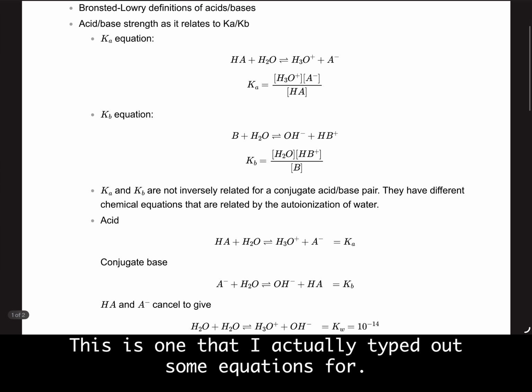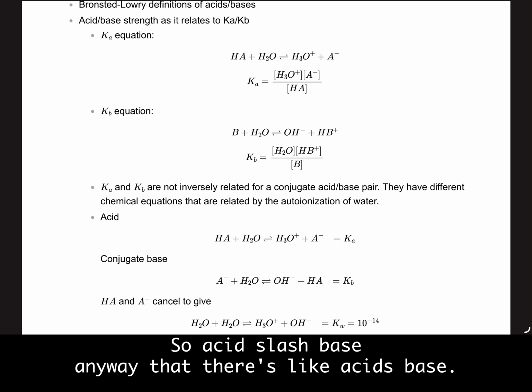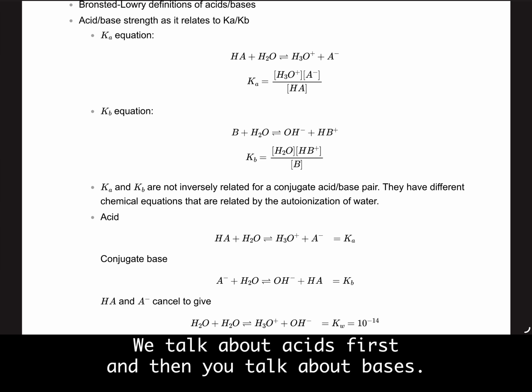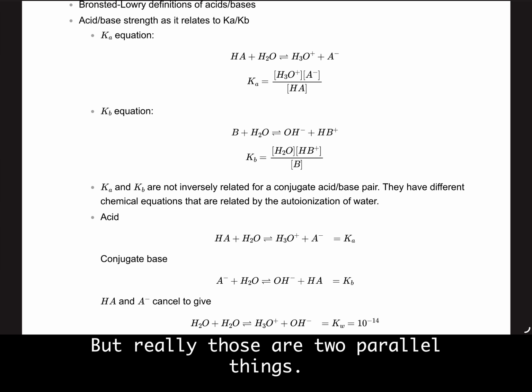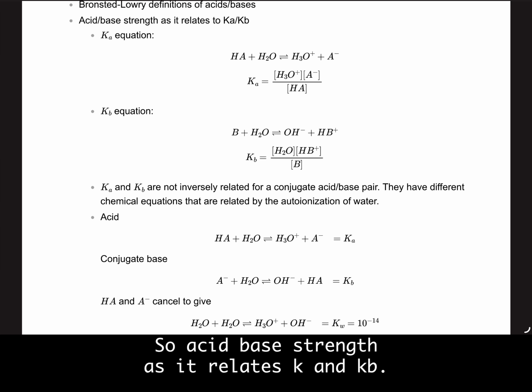This is one that I actually typed out some equations for. So acid/base, anywhere that there's acid/base, the chapter breaks it up. We talk about acids first, and then you talk about bases. But really, those are two parallel things that are like same but opposite. So acid-base strength as it relates to Ka and Kb.